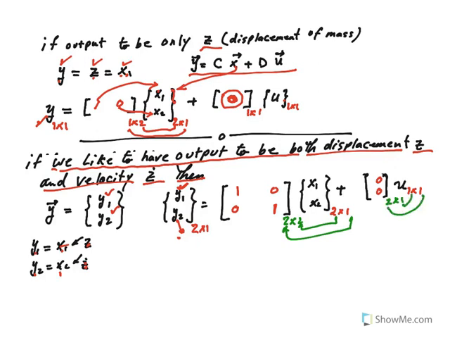So everything works out. So now, we said y1, we want to be x1. So 1 and 0 x2. See that? And we want y2 to be x2, which is velocity. So we don't want any x1, so 0 and 1 x2.